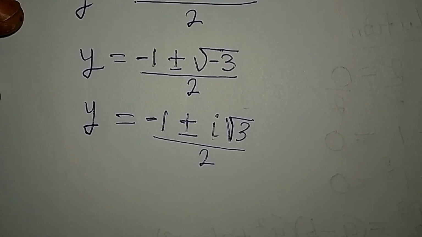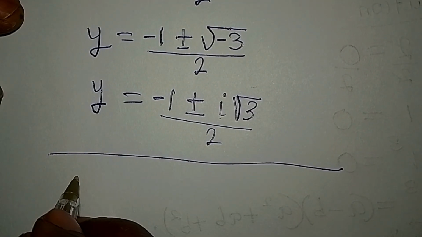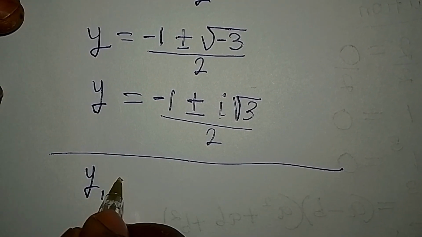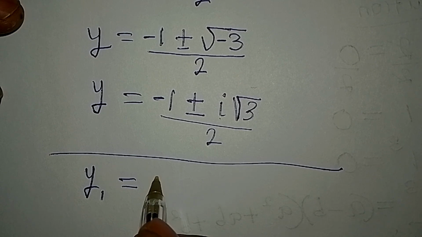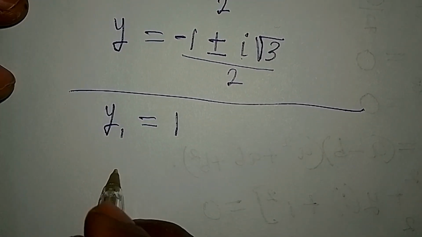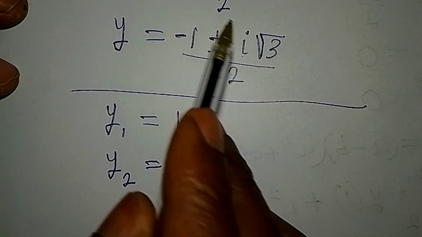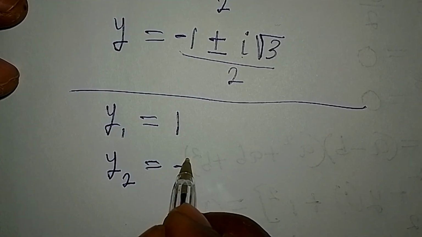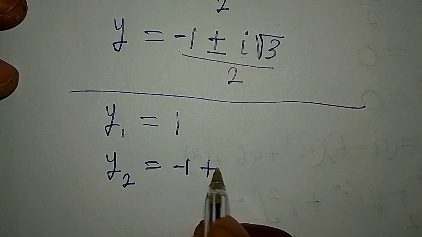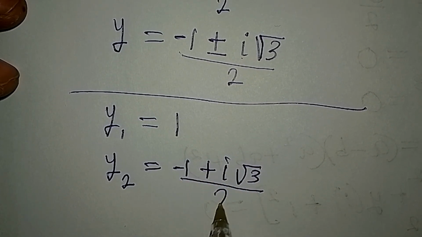So if you want to bring the 3 solutions together, as instructed in the question, we have y1, which is equal to 1, right? Our y1 is 1. Then we have the second solution, y2, and it's obtained from here. We get minus 1 plus i root 3, over 2.